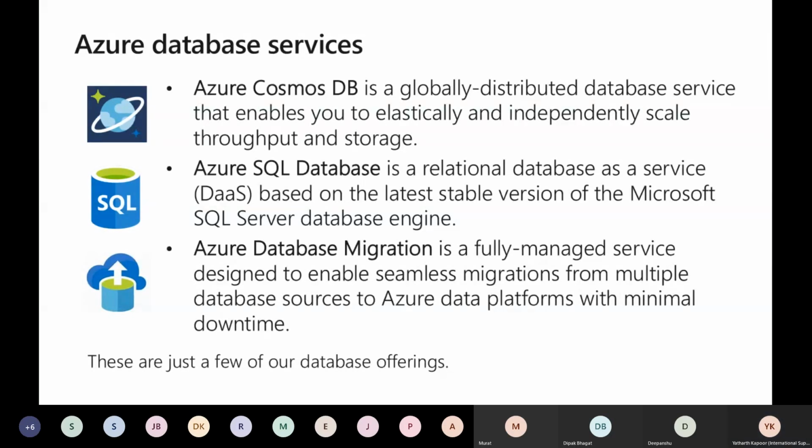Only a SQL database instance, nothing else. You'll just pay for the SQL database instance. So it's just like the application service that we were talking about. You don't have to pay for the whole VM. You just have to pay for hosting your application. That's the whole difference between IaaS and PaaS.